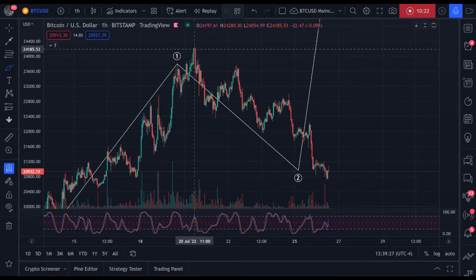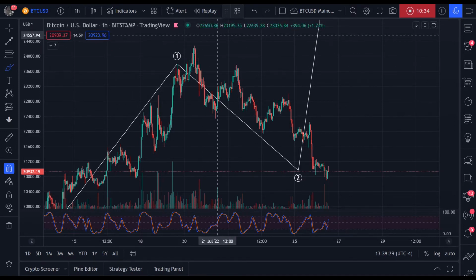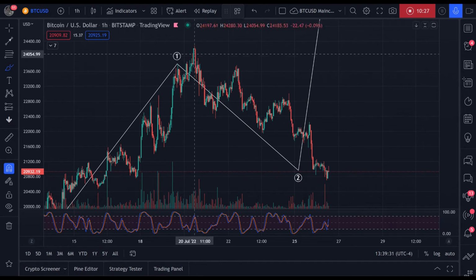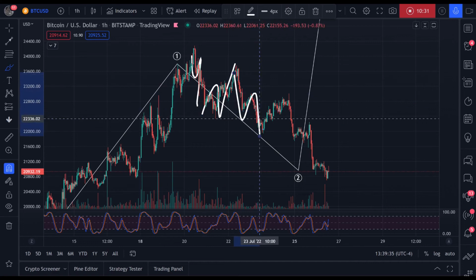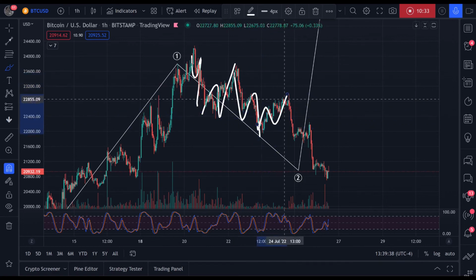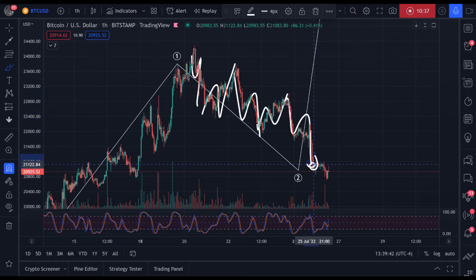Okay, and so I see this as right here. Let's see, 1 2 3, 1 2 3, 1 2 3, 1 2 3, 1 2 3. Okay, so I see it ending right here.